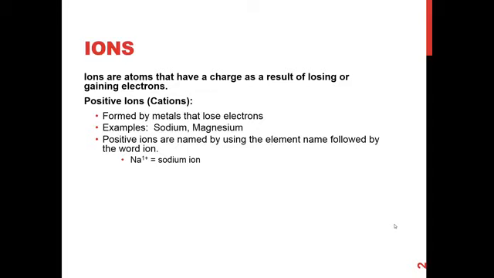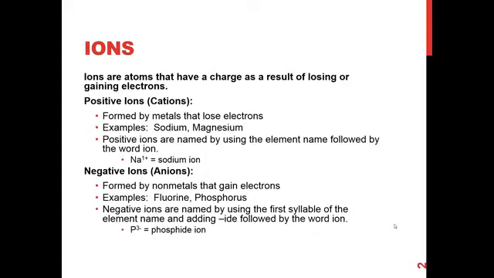Some examples of metals located on the left side of the periodic table would include sodium and magnesium. One can name a positive ion by using the element name followed by the word ion. A sodium 1+ ion is simply called sodium ion.